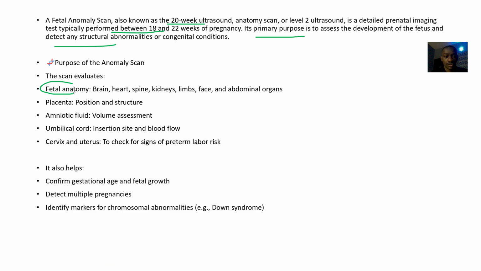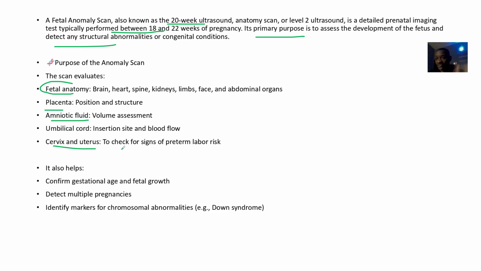All right. So the placenta, you want to look at how it is positioned and structured, because the placenta is very vital to the baby. That's where nutrients actually reach the baby. Blood circulation too. Amniotic fluid, you want to see, that's the environment where the baby is inside. You want to see that the baby is swimming very fine in their swimming pool. Umbilical cord, how it is inserted, cervix and uterus.